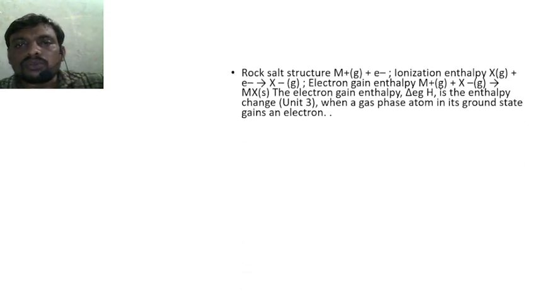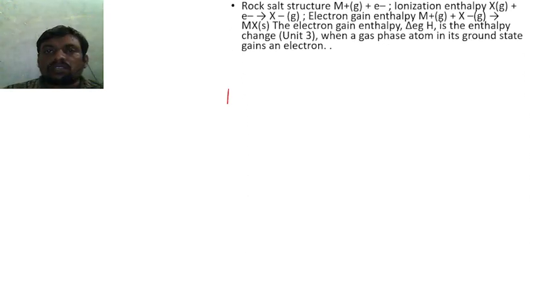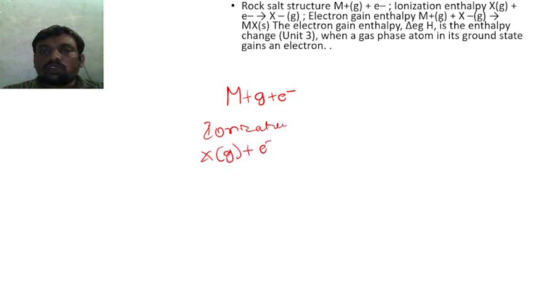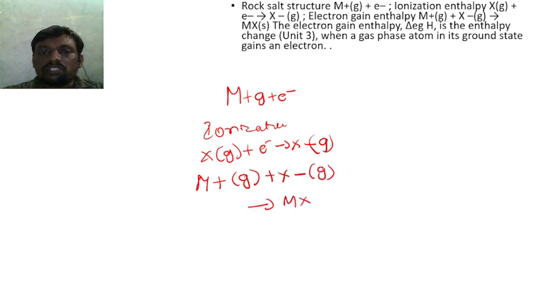For the rock salt structure, M(g) gives M plus (g) plus an electron, which is ionization enthalpy, and X(g) plus an electron gives X minus (g), which is electron gain enthalpy. As per the formula, M plus (g) plus X minus (g) gives rise to MX. So these two are going to be combined.